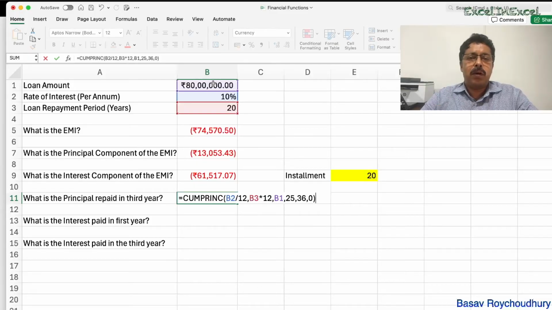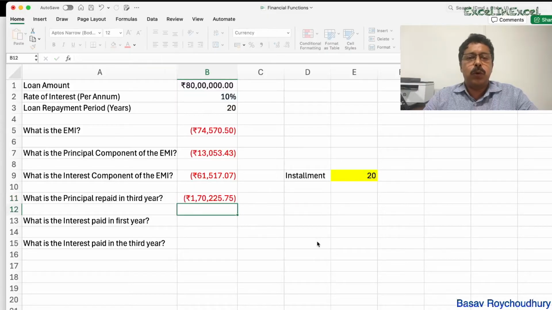I just have to remember that my initial rate of interest is 10% divided by 12. The N per is 20 multiplied by 12. The PV is 80 lakhs, and that I'm starting from the 25th installment to the 36th installment. And so this is the cumulative principal that I'll end up paying in the third year for this particular loan.